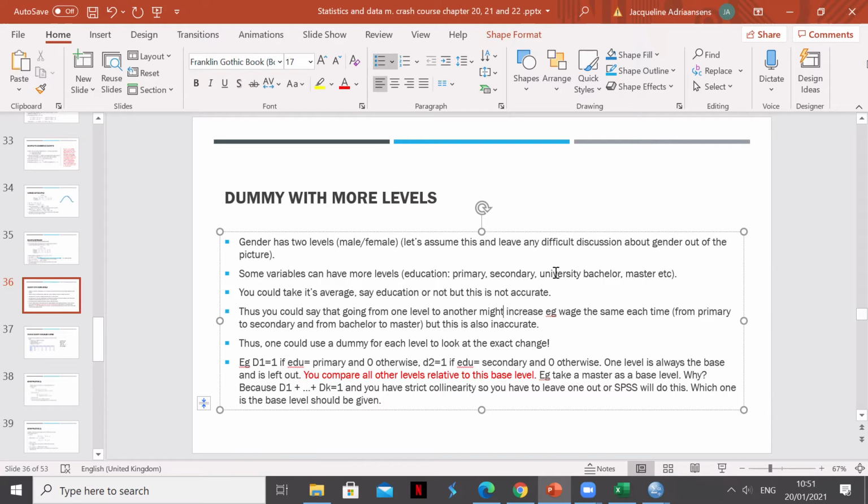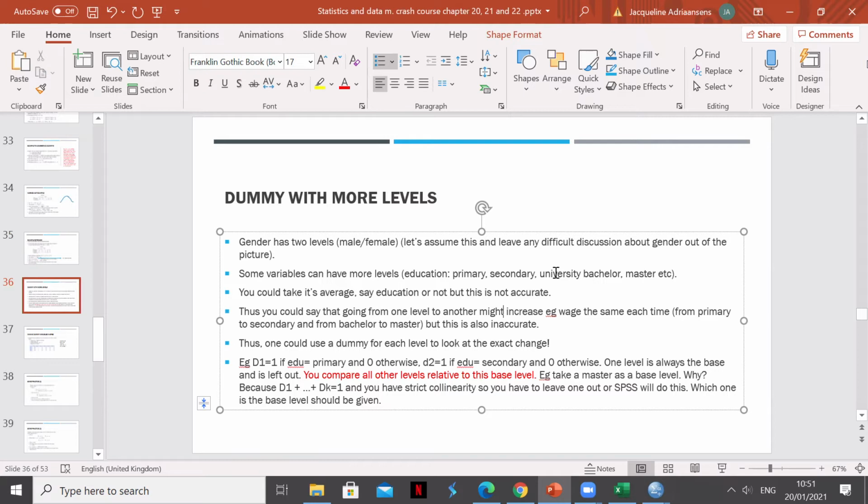So this is also inaccurate. What you could do is include a dummy for each level to look at the exact change. So you include a dummy variable for education, one for primary education, one for secondary, one for university bachelor, one for master, and so on.